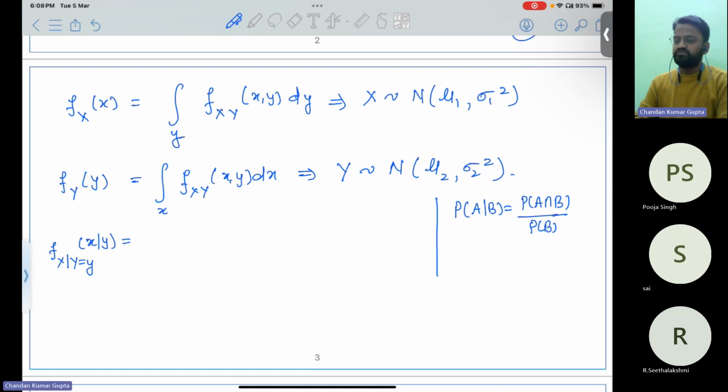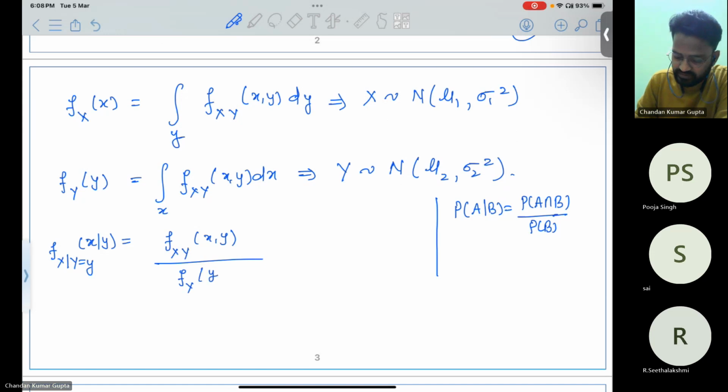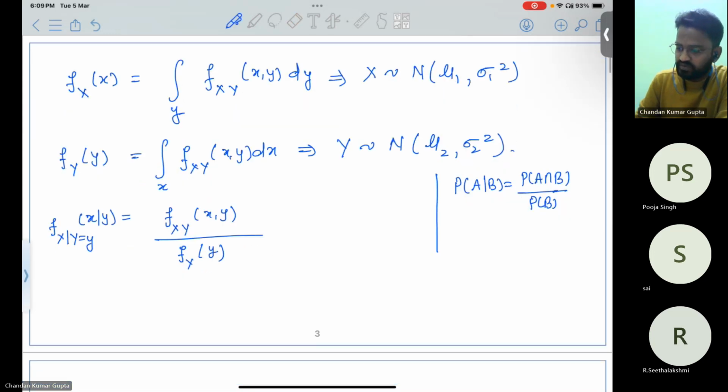It is the joint PDF, the bivariate normal PDF, divided by the marginal of y, and we find it is also a normal distribution.